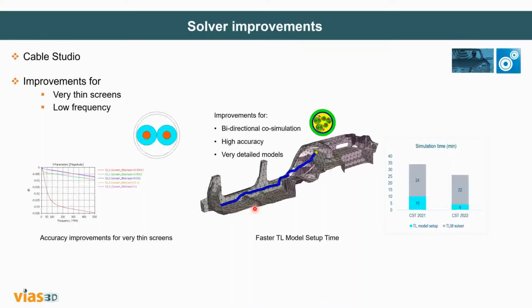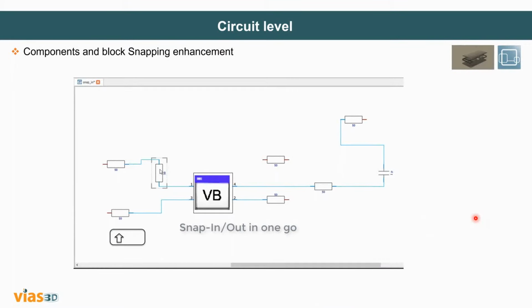So several improvements have been made to the cable solver. Two of the features are shown here. One is very thin screen and low frequency, and now we can see how the simulation time has reduced from 2021 to 2022.